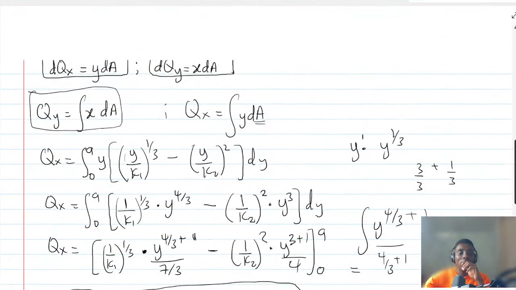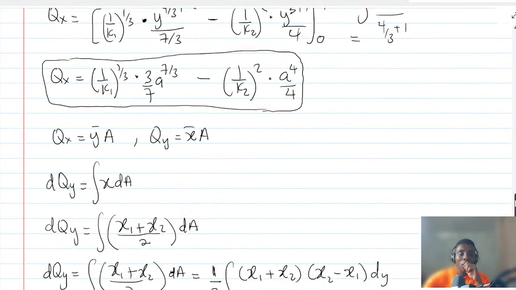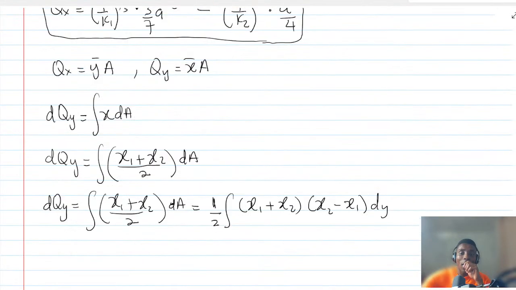So interestingly, what can we say? From here, we can clearly see that we can go back and solve this one as dqy to be what? 1/2 the integral of what?